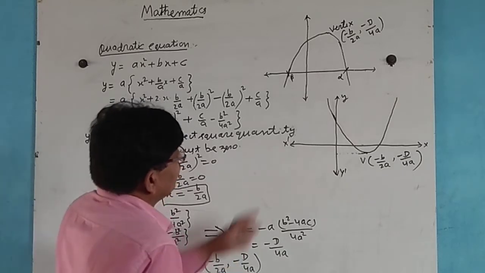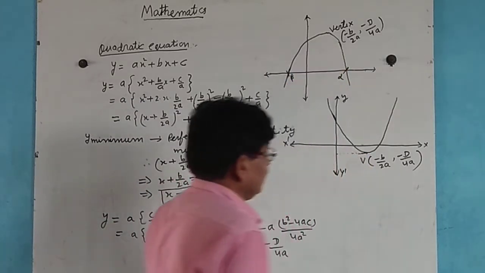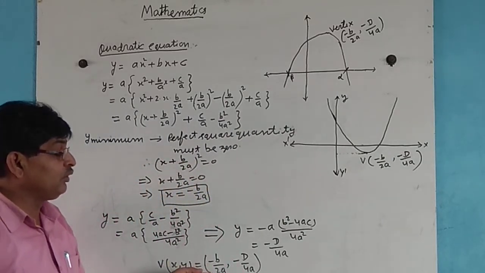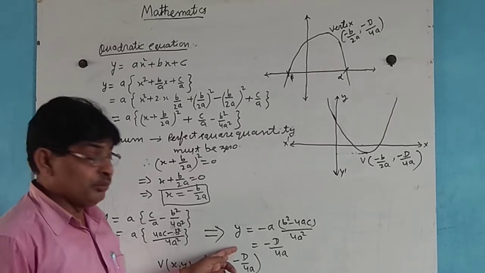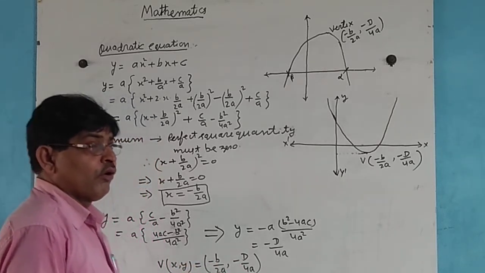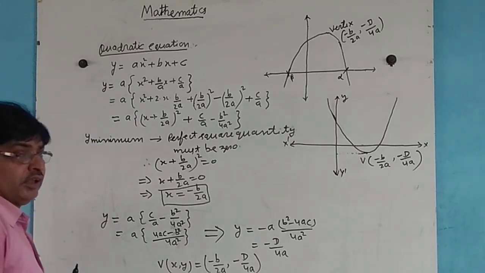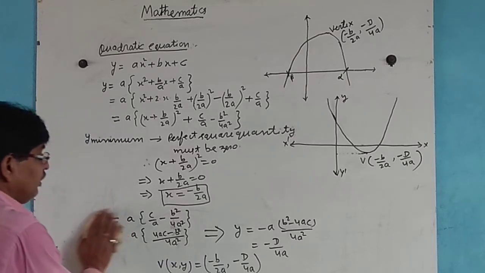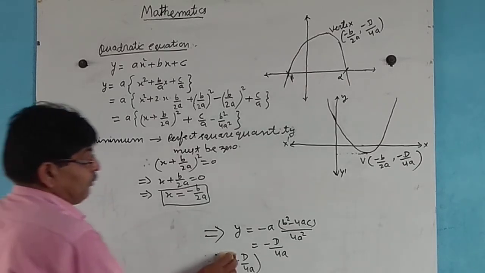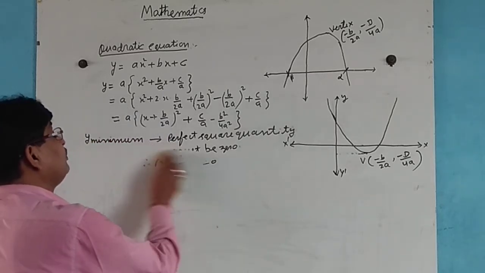This is the coordinate of the vertex. Next, we comment on the sign of a, b, c, D and the sum of roots alpha plus beta and the product of roots alpha beta.